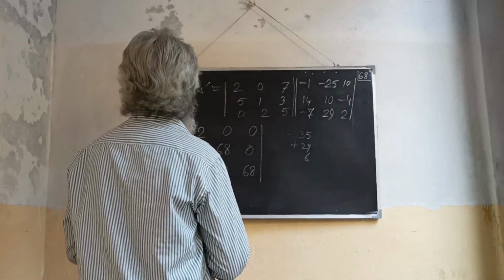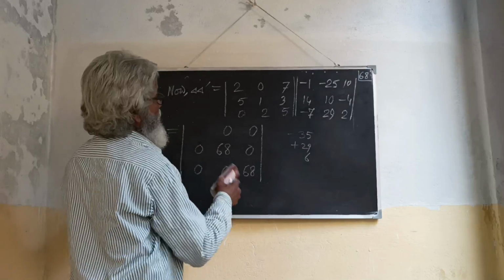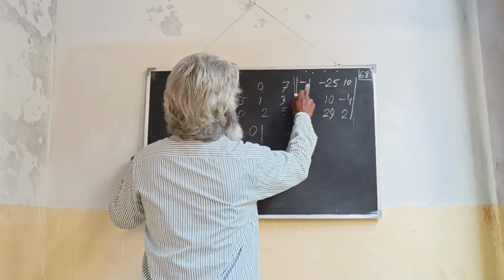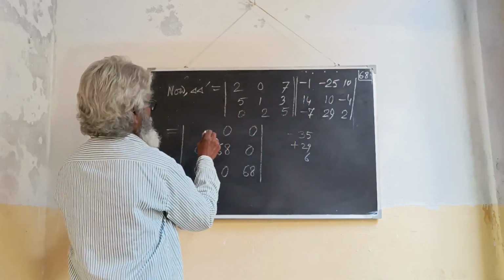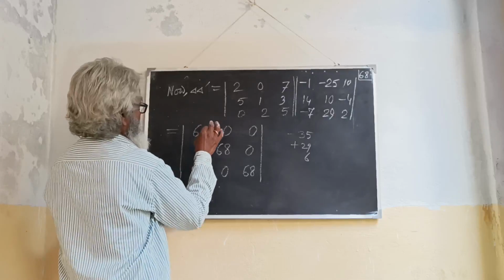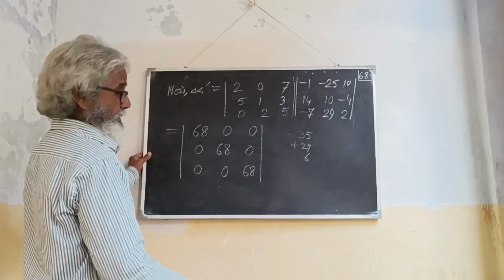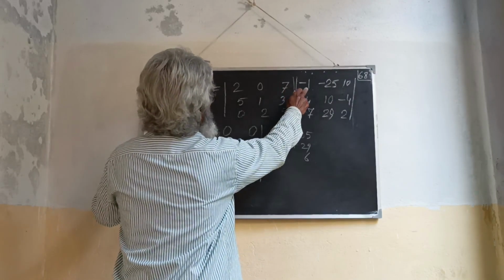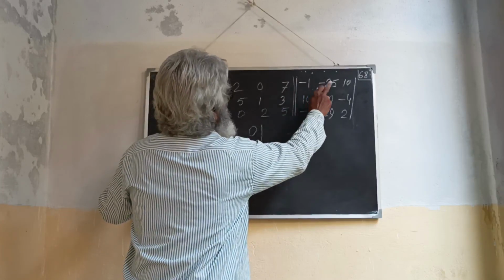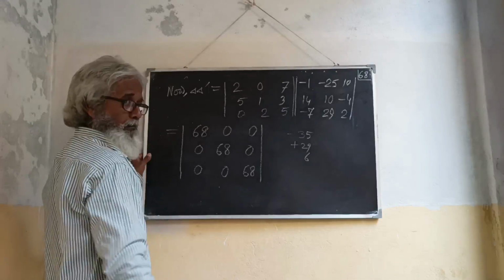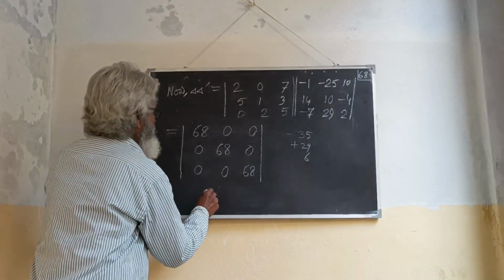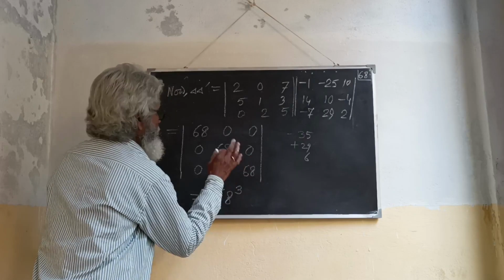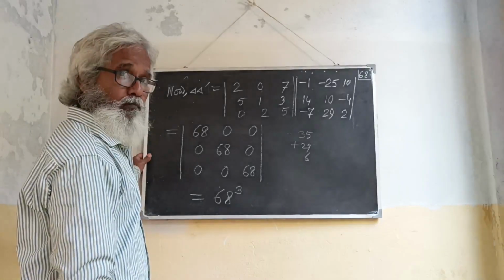Oh, that was a mistake. Minus 2 plus 0 plus 70. So that is 68. So this will be 68, only 68. And when you calculate it, it will give you 68 cube.